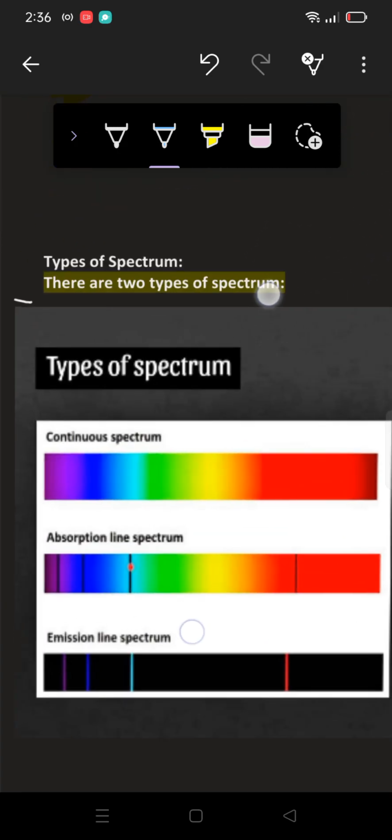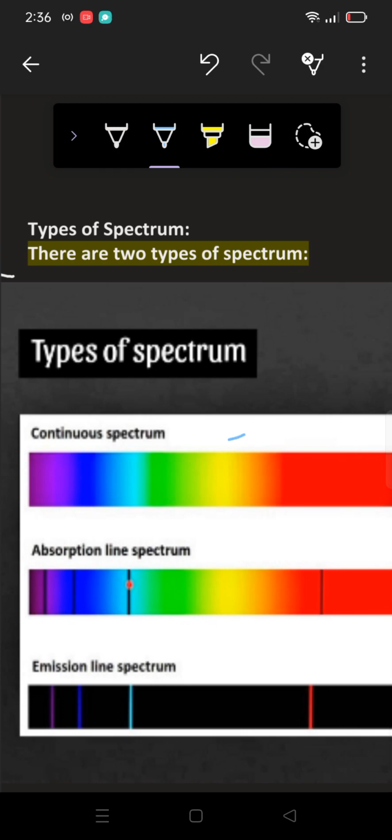As you can see in this picture, here we have no clear cut boundaries. The different colors are mixed with each other, so the boundaries of different colors cannot be marked. All the colors are diffused into each other.